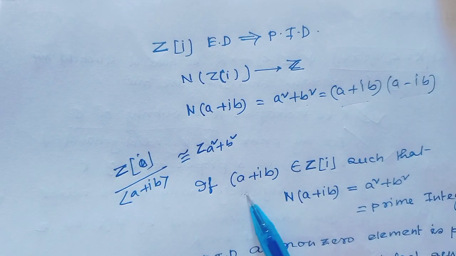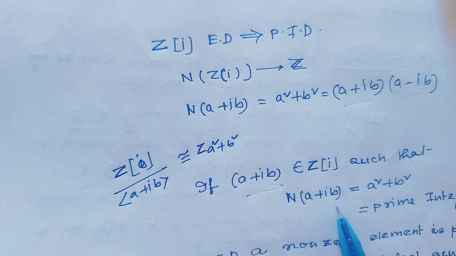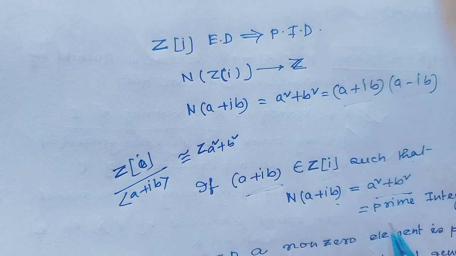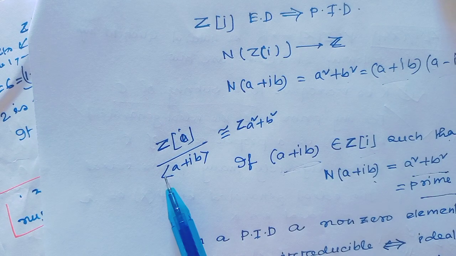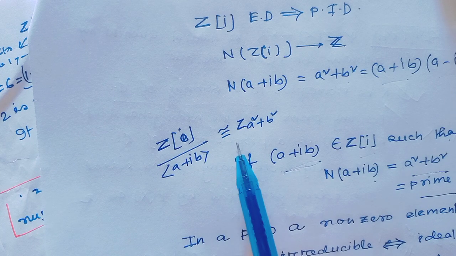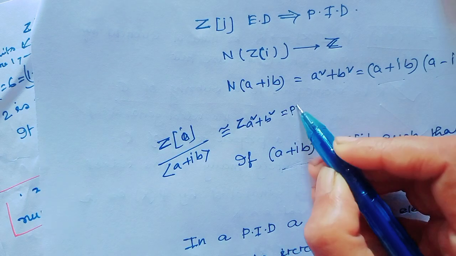If a plus ib belongs to Z[i] such that the norm is a square plus b square, a prime integer, we know Z[i] modulo the ideal generated by a plus ib is isomorphic to Z modulo a prime number.